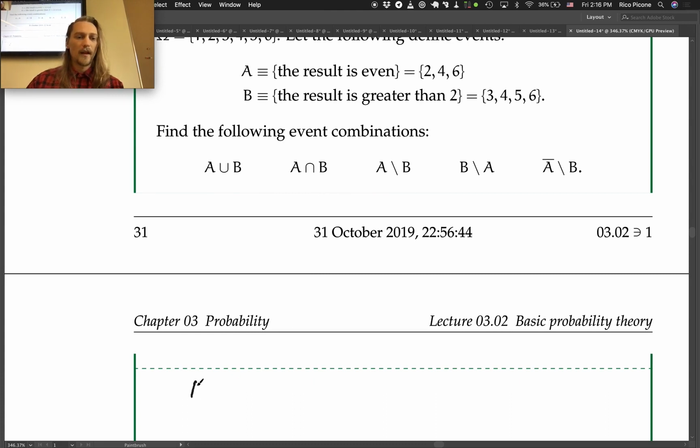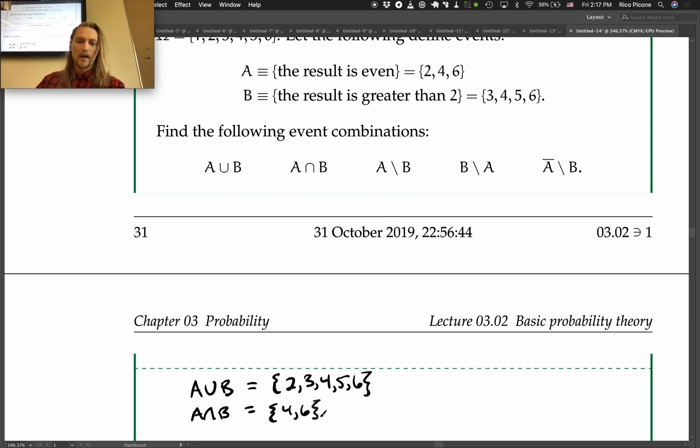So we have A union B, which is equal to what? 2, 3, 4, 5, 6, all of them. We have A intersect B, which is equal to what? 4 and 6, the ones that are in common.